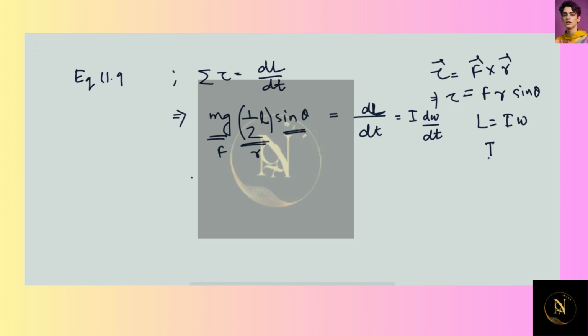And I here is 1 over 3 mL squared, because it's rotating about one of the corners, not from the middle.